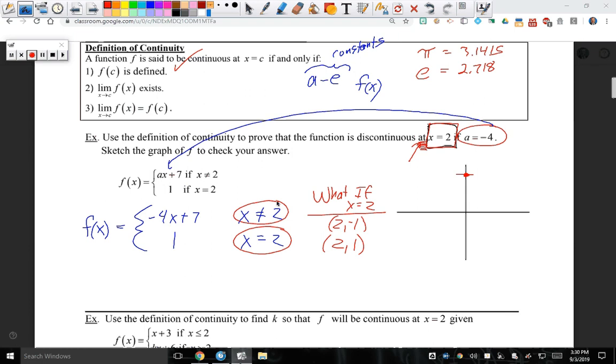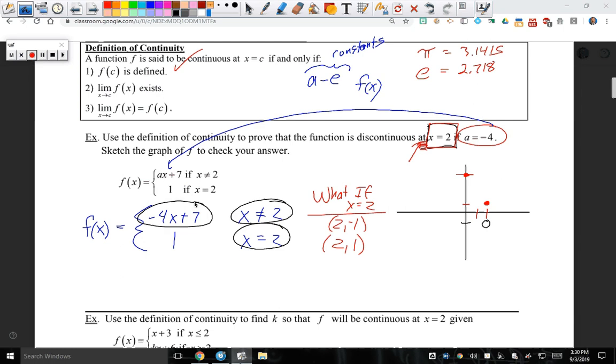Do y'all see what I'm doing and how I'm building this with this what if moment? So at 2, 1, I'm going to be existing. And at 2, negative 1, I'm going to be open because of the domains that I see here. Okay? Now let's keep going.